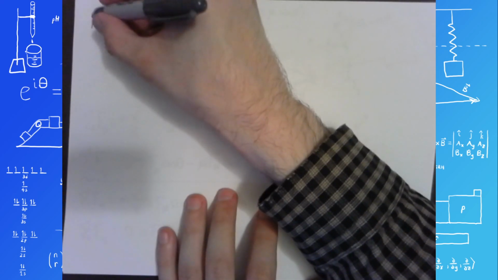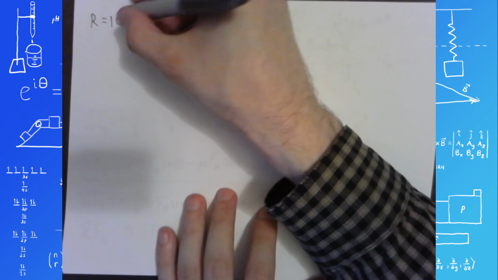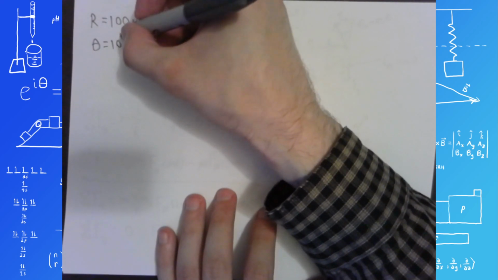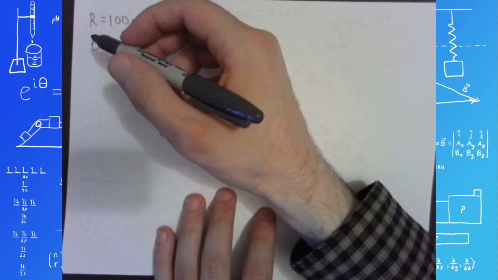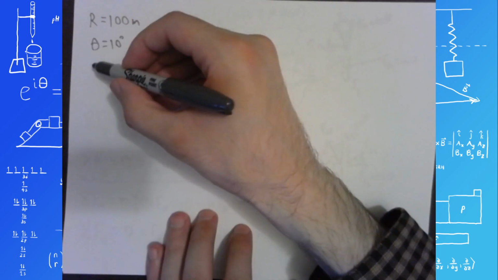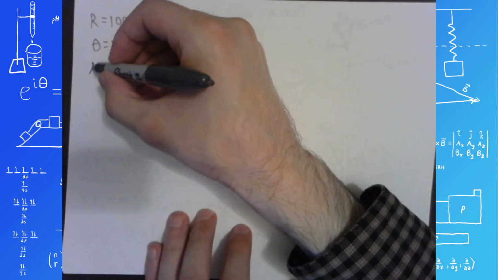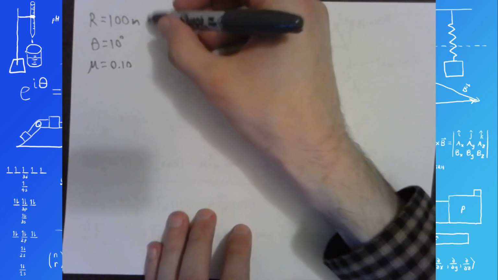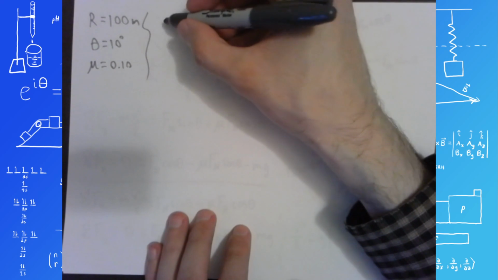So if R is equal to 100 meters, theta is equal to 10 degrees, and what did they give us? And the coefficient of friction is equal to 0.10. Find V max and V min.